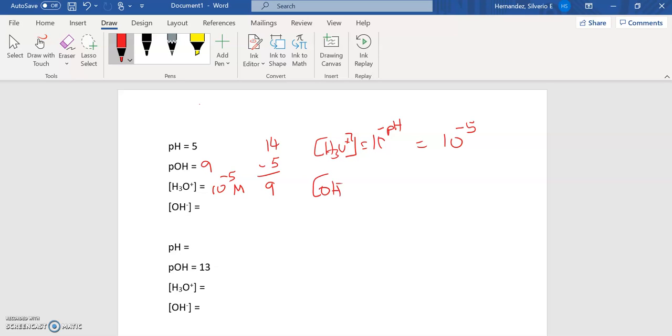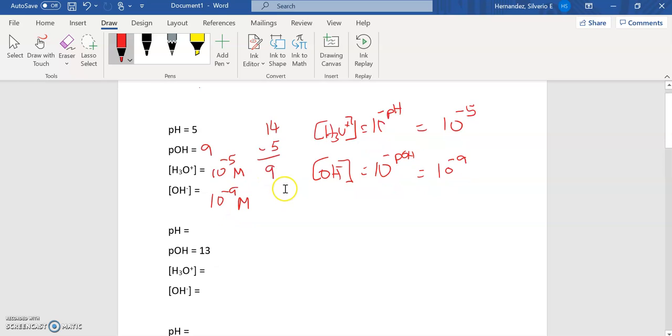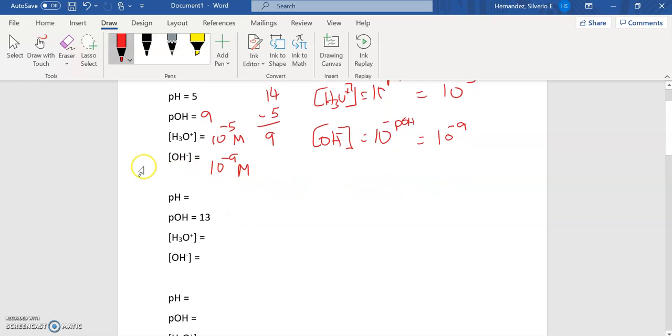For the hydroxide ion, again, it's 10 to the negative value of the pOH. In this case, that value is 9. So this is going to be 10 to the negative 9th power. So 10 to the negative 9, followed by an M for the concentration of the hydroxide ion. So that was our first problem there.